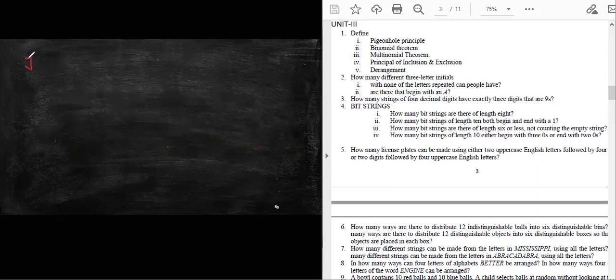If we want to write the solution in your examination, you will begin in this way. There are 10 digits from 0 to 9. Just place 4 blanks over here.